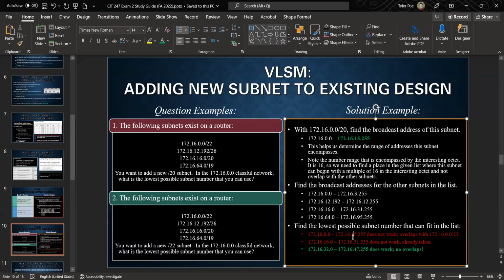I have the first subnet, 15.255 for the broadcast address. The next available subnet ID is the magic number plus the interesting octet, which is 0 plus 16 equals 16. I do that again with 16 plus 16 equals 32. That's how you can figure out these subnet IDs, and with those subnet IDs, you can figure out the broadcast address. It's going to be a mathematical pattern with the magic number.